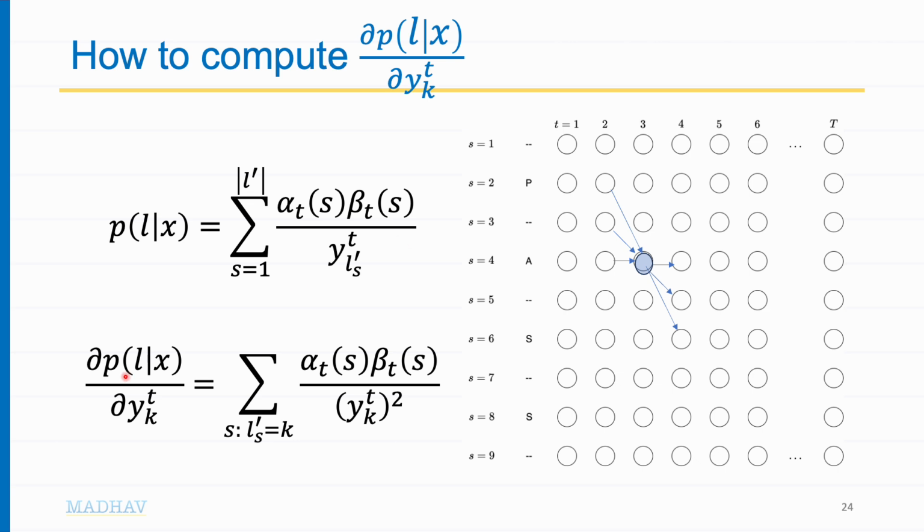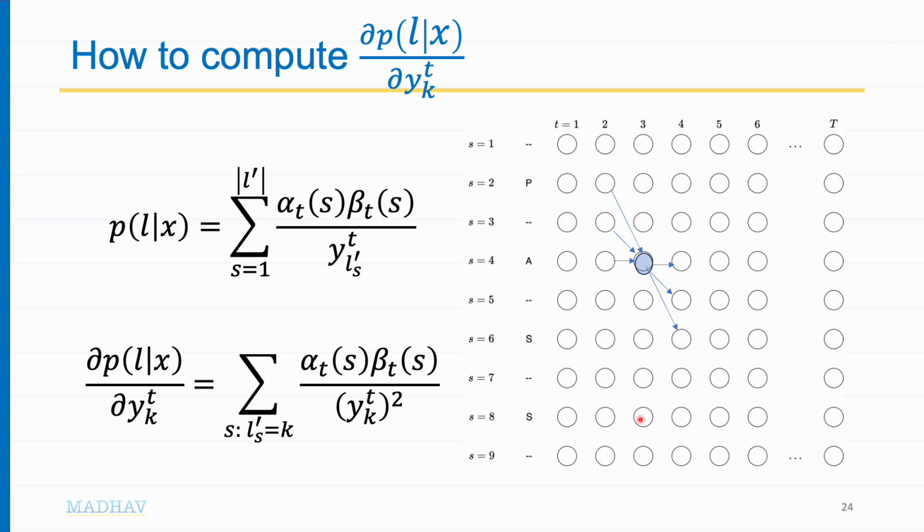Okay, now the question is, why do we have a summation here? Summation is here because it is possible that the same character k, let's say k is capital S, is appearing twice. If you fix your t, let's say t is 3, the same ytk will be here and the same ytk will be here.